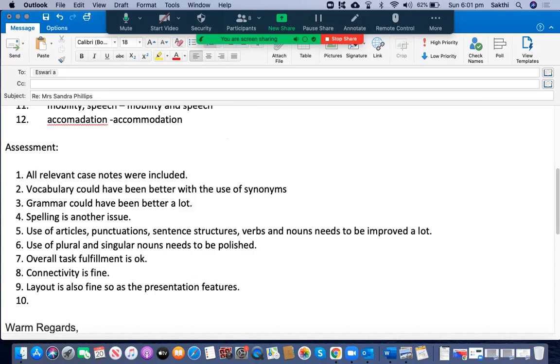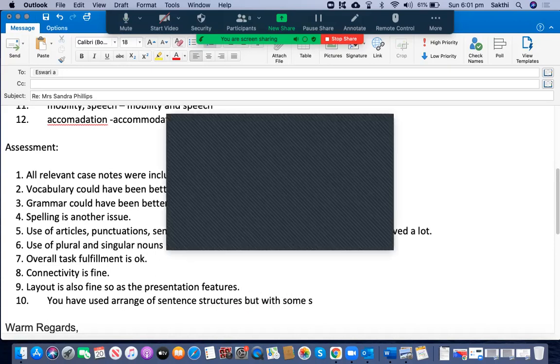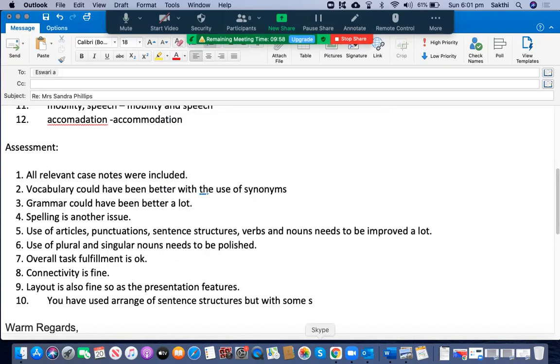You have used a range of sentence structures, but with some spelling mistakes. So that can be avoided, okay? But apart from that, I think it's all okay.